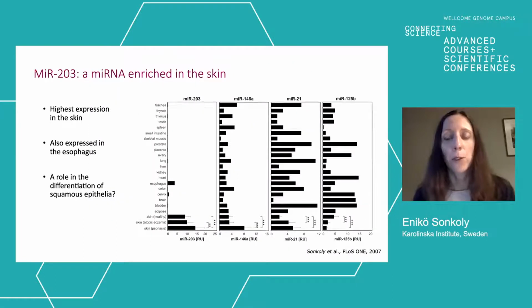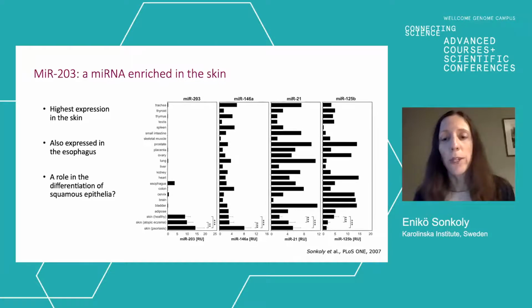So I would like to talk in a little more detail about one microRNA which is important in skin and epidermal development. And this is, of course, not the only one, far from that, but this is a very nice example for a microRNA which is important in healthy skin. And as you will see, it also has relevance for some skin diseases.